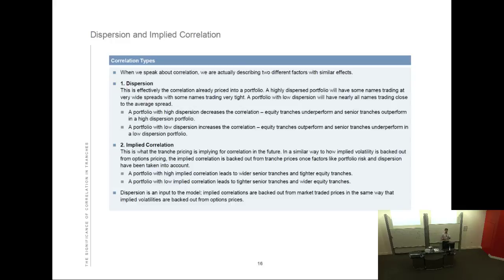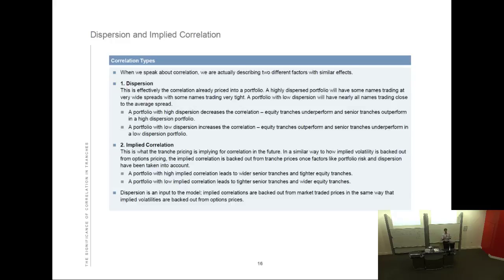So dispersion, imagine you're given the task of pricing up a tranche. The dispersion you cannot control, because the dispersion is just the result of the underlying portfolio spreads. So you just look at those spreads and say, okay, there's a certain amount of dispersion in it.